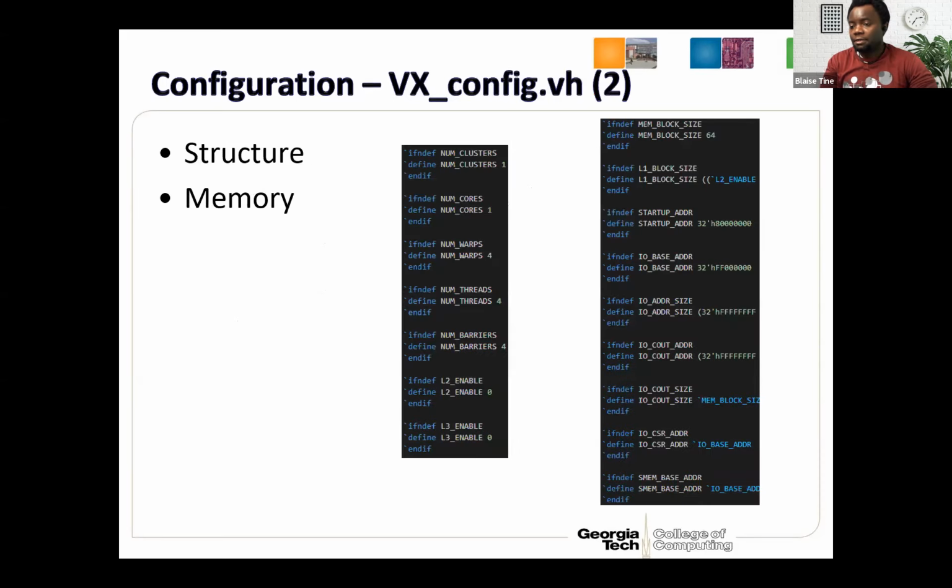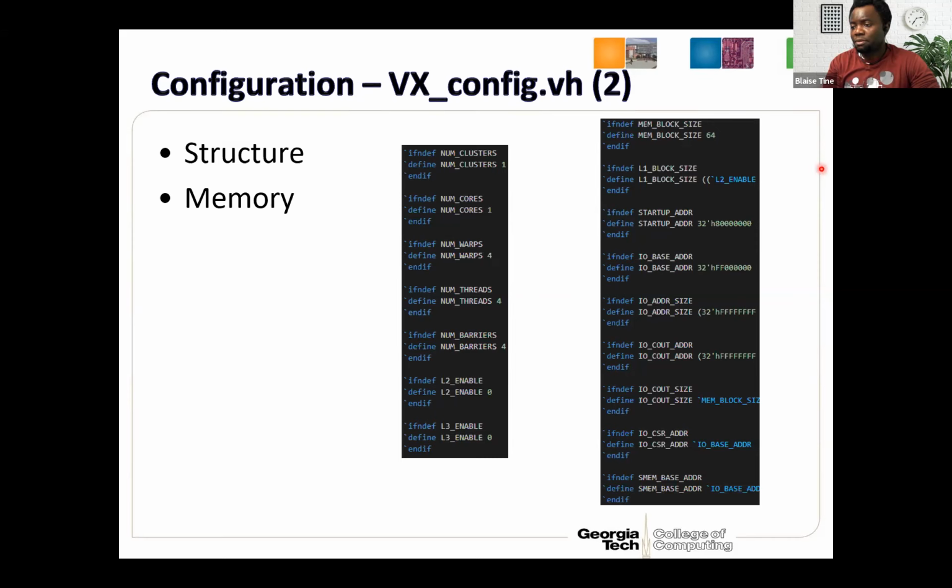And inside the VX_config file, there are several components. I've only selected a few and organized them in a way that makes a bit more sense. So the structure section of the configuration file allows you to select the number of clusters, cores, the number of wavefronts, the number of threads, barriers, and whether you want to enable L2 or L3. There's also a section for the memory.